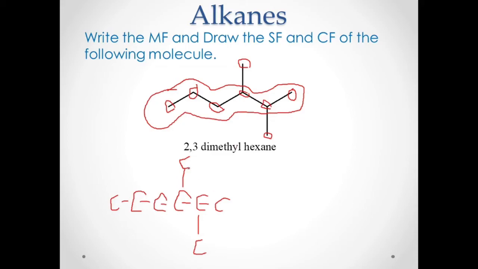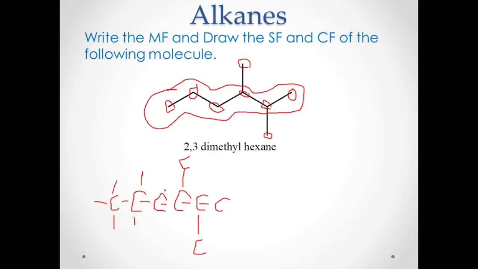Now for hydrogen. I told you that carbon is tetravalent, so you would expect carbon to have only 4 bonds with other carbons or other atoms. This carbon has 1 bond already, so the remaining bonds would be 3. This carbon has 2 bonds already, so the remaining would be 2.